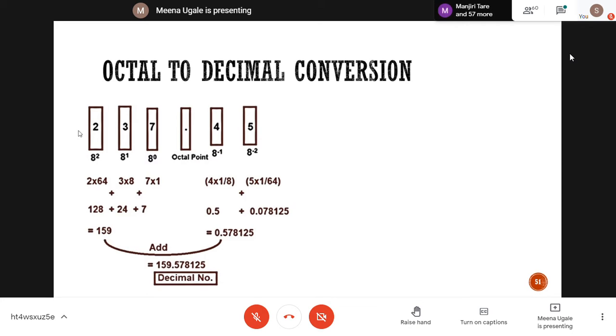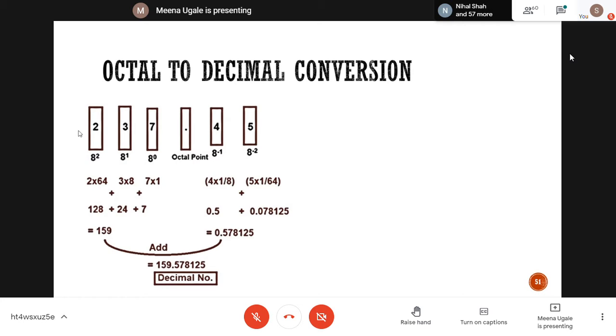For the integer part, just now we have seen 8 raised to 0, 8 raised to 1, 8 raised to 2, multiply. But when you go to the right side of the point, that is the fraction part, same way as we followed in binary, instead of 2 raised to minus 1 now, we will go for 8 raised to minus 1, 8 raised to minus 2. Find out the answer, add it up, you will get the equivalent decimal number.